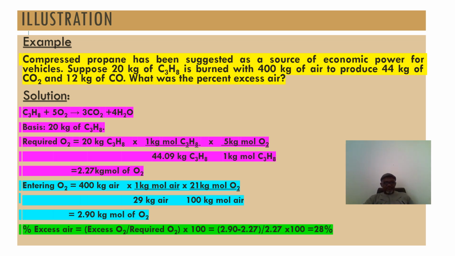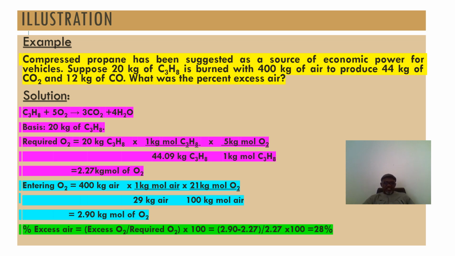So we'll have 2.27 kilogram mole of oxygen. Therefore, entering oxygen will be from 400 kg of air. We are given that in the question, 400 kg of air produces 44 kg of CO2. So 400 kg of air will now give us 2.9 of oxygen that is entering.